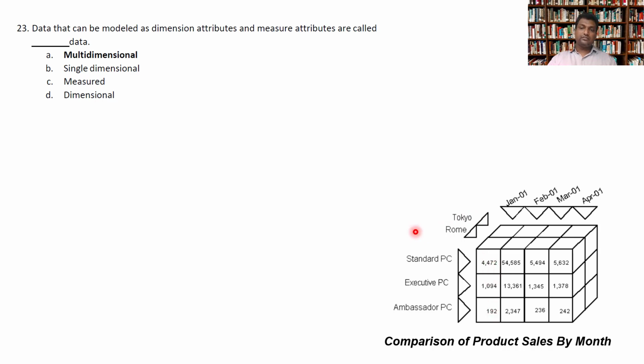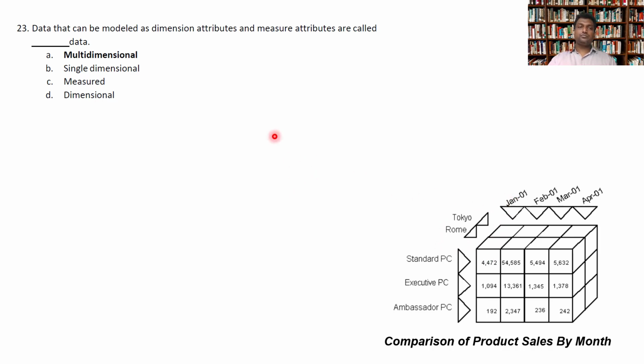You can then further extract the data and compare and see how the data or the sales change each month. So when you look at this data, it has multiple dimensions. It can be sold in different cities, it can be sold in a different time frame.